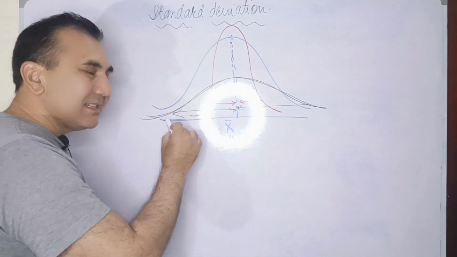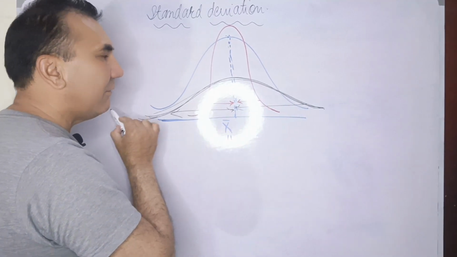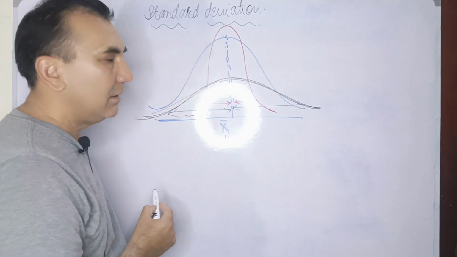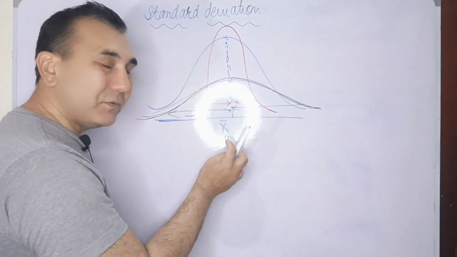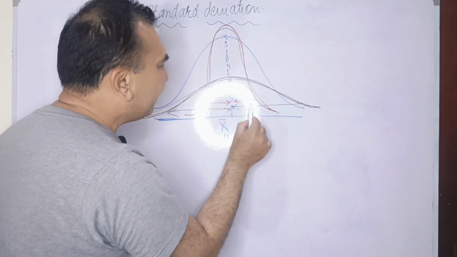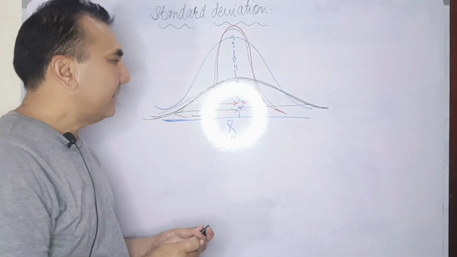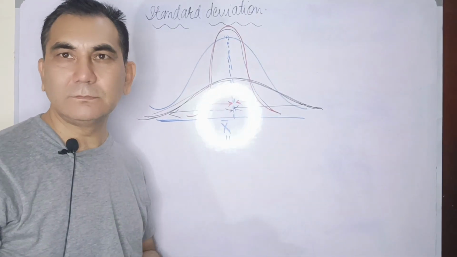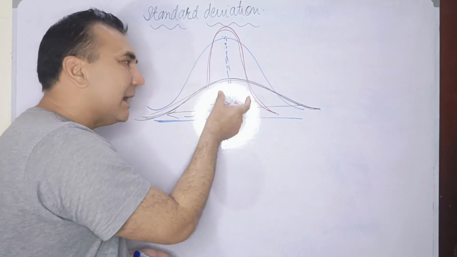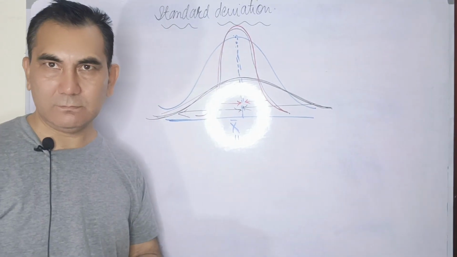If any data set is very dispersed, it always gives a flat shape around the mean. If any data set has very little dispersion, it always gives a peak value, meaning a cluster of values. It means the dispersion and the variation in that data set is very minimum in relation to the mean.